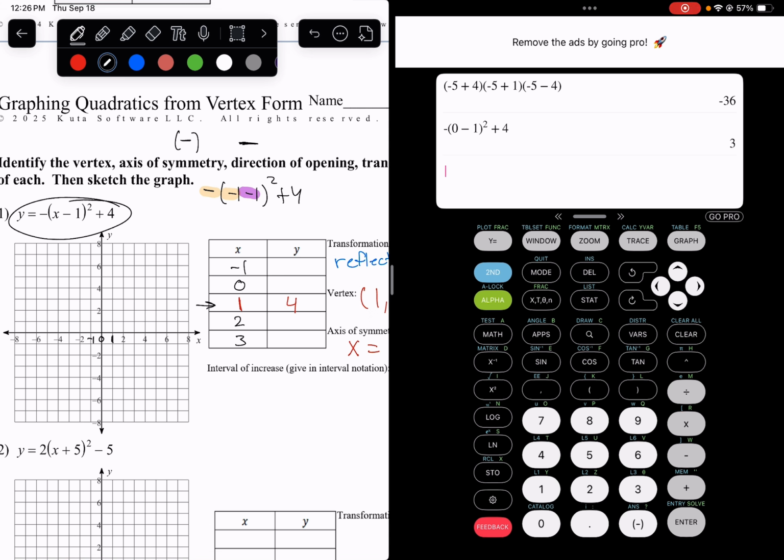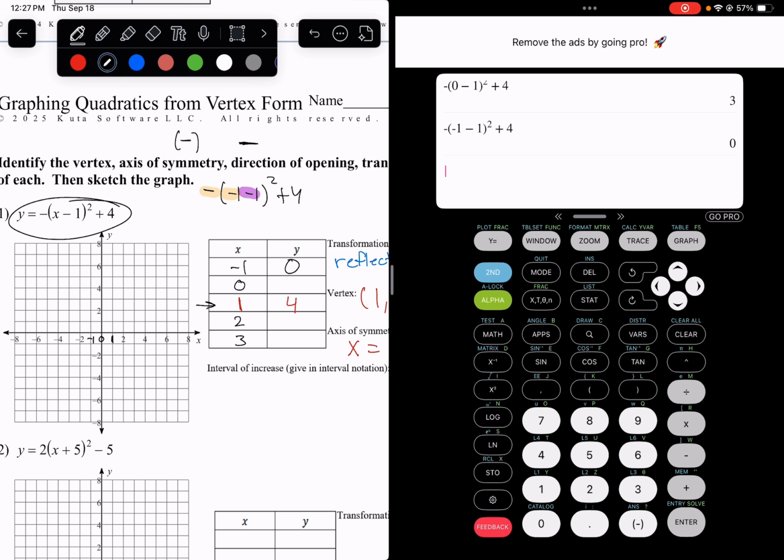So I do negative, that's the key with the parentheses down here in the corner. Open parentheses, I do -1, and then I do minus, the minus that's above the plus sign. 1, and then I close parentheses, square, and then I do a plus 4. So my output here is 0.